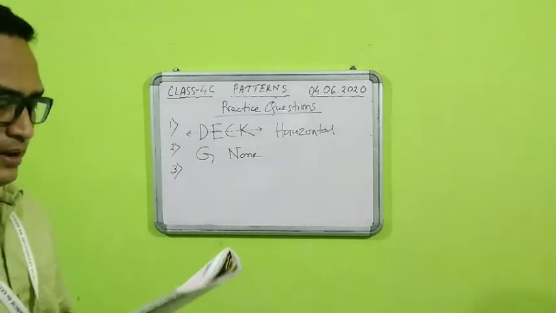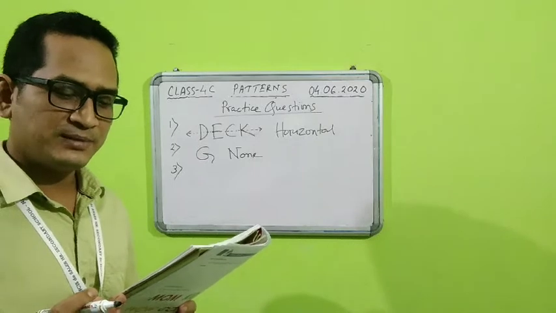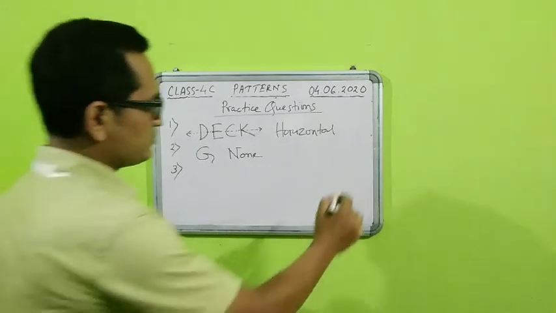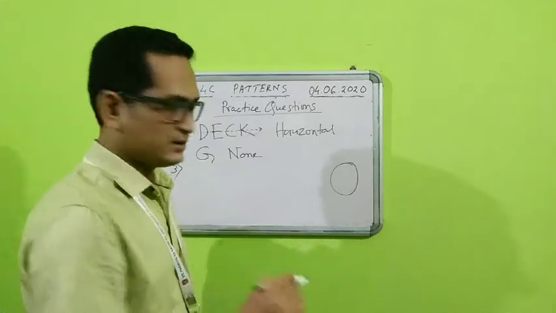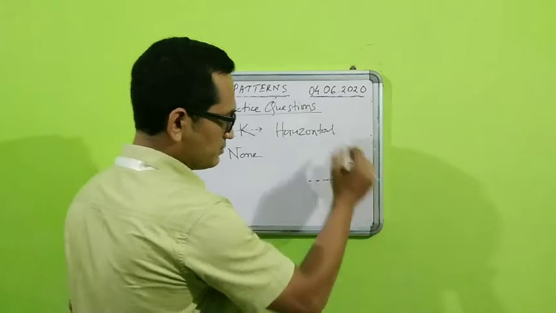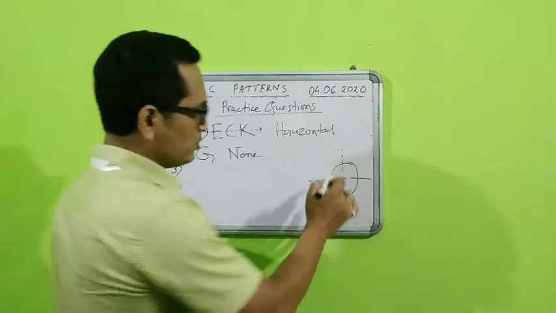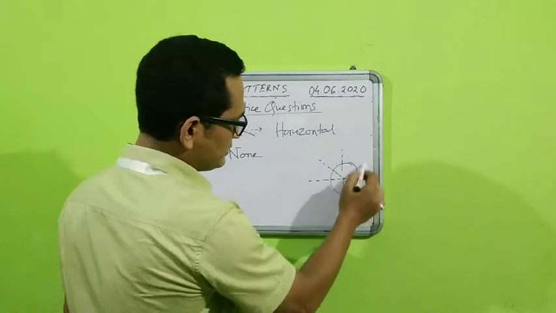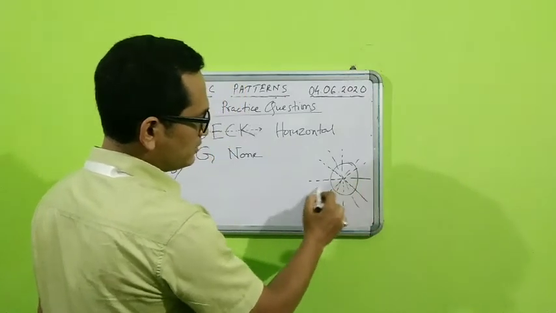Question number 3. If a wall clock is in the shape of a circle, how many lines of symmetry can it have? Now students, think about a circle. How many lines of symmetry can we have for a circle? We can divide the circle in this way. We can divide vertically, horizontally. But is that all? No. We can divide it many times, n number of times we can do it.